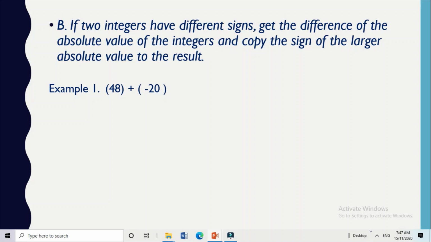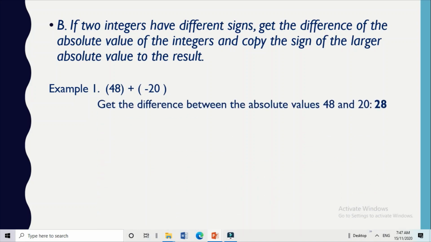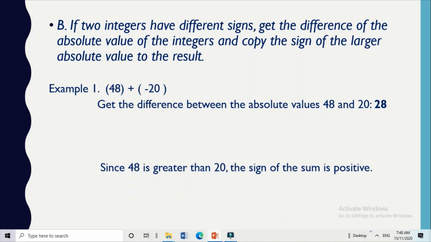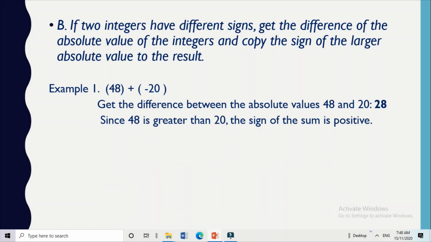So 48 minus 20, that is 28. So, since 48 is greater than 20, therefore, you're going to use the sign of 48, and that is positive. Therefore, 48 plus negative 20 is equal to positive 28.